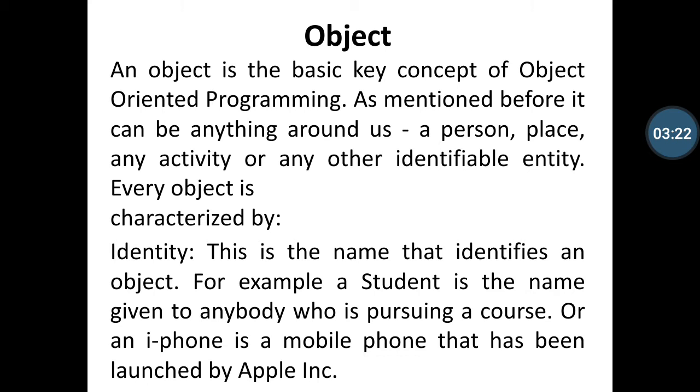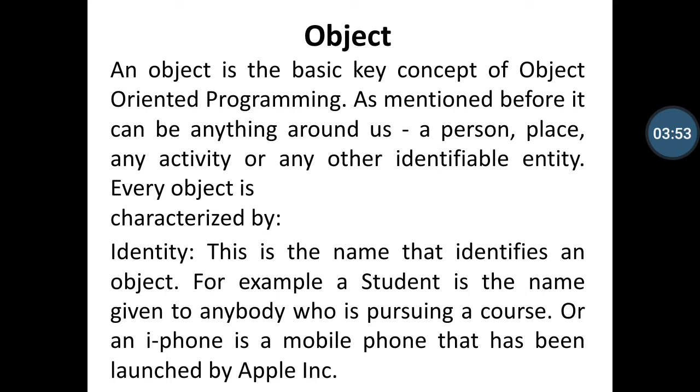First of all, the first concept of object-oriented programming is the object. An object is the basic key concept of object-oriented programming. As mentioned before, it can be anything around us: a person, a place, an activity, or any other identifiable entity. Every object is characterized by some values, defined as identity.